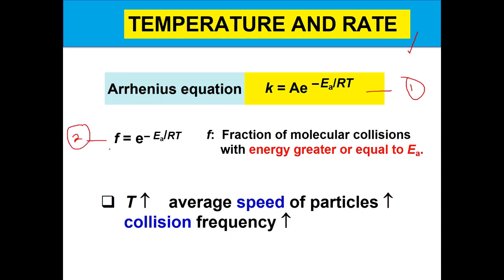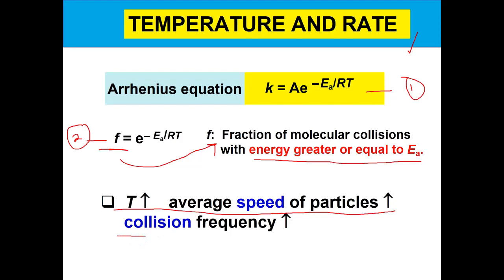What is f? f is the fraction of molecular collisions with energy greater or equal to the EA. As a conclusion, when temperature is high, the average speed of particles is also high, and the collision frequency is also high.